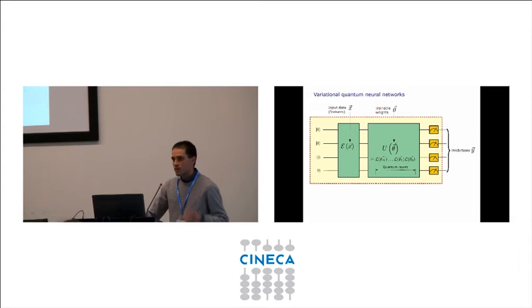But in this talk in particular, we are not interested in directly processing quantum states, but we would like to use a quantum circuit to process classical data. So we have to encode data in the circuit and take it out.